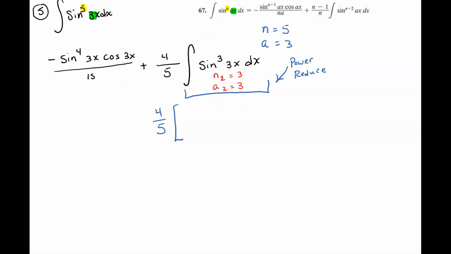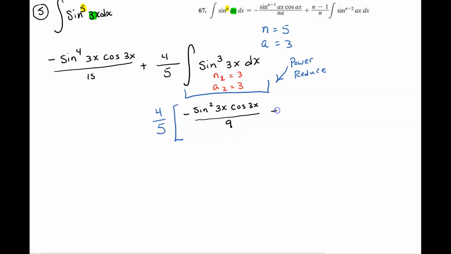This is going to be, actually, negative sine to the n minus 1, so that's 3 minus 1, sine squared of ax, so 3x, and then cosine of 3x, divided by na, which is 3 times 3, which is 9.